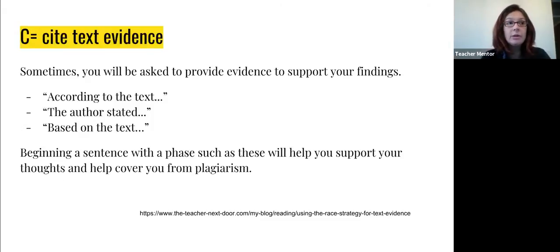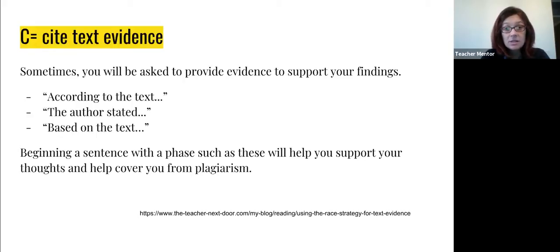So, for example, the climate change letter that you write to Congress, that is asking you to provide evidence that supports your thoughts. So ways you could do that would be according to the text. So according to my biology lesson, according to the National Geographic magazine, the author stated.